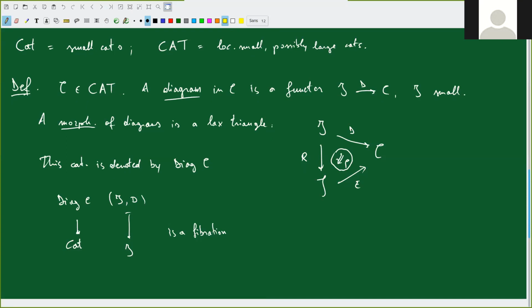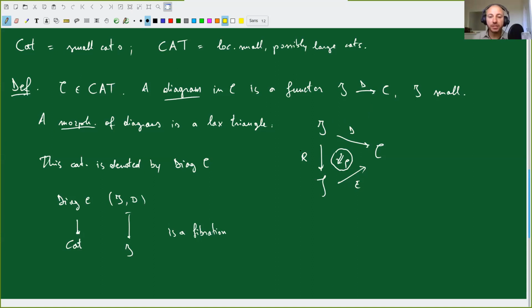The covariant one is lax and the contravariant is oplax, or vice versa. It depends on your convention. Oh, okay, perfect. All right. I have one question. Can you hear me? Okay. So I wanted to ask, is there a natural transformation or some kind of comparison between this construction of diagrams and the small presheaf structure? There should be. Yes, there is, and I'm going to talk about it hopefully very soon, actually. Oh, thank you.